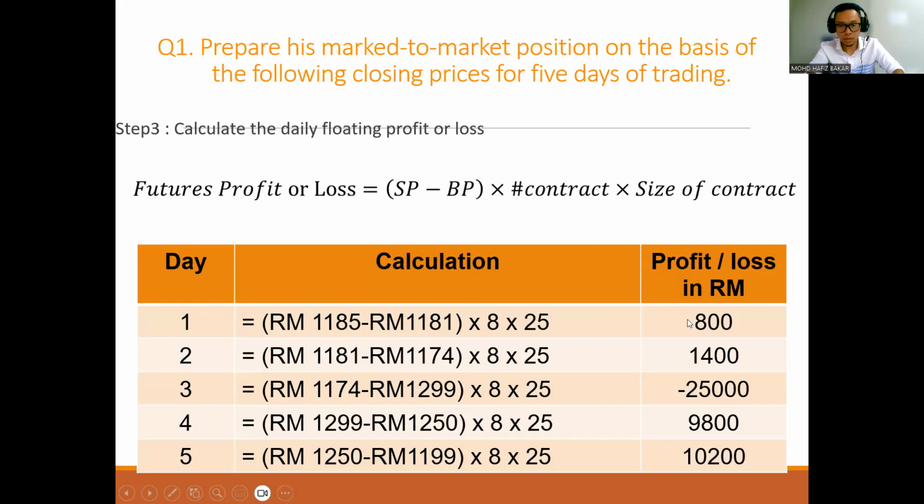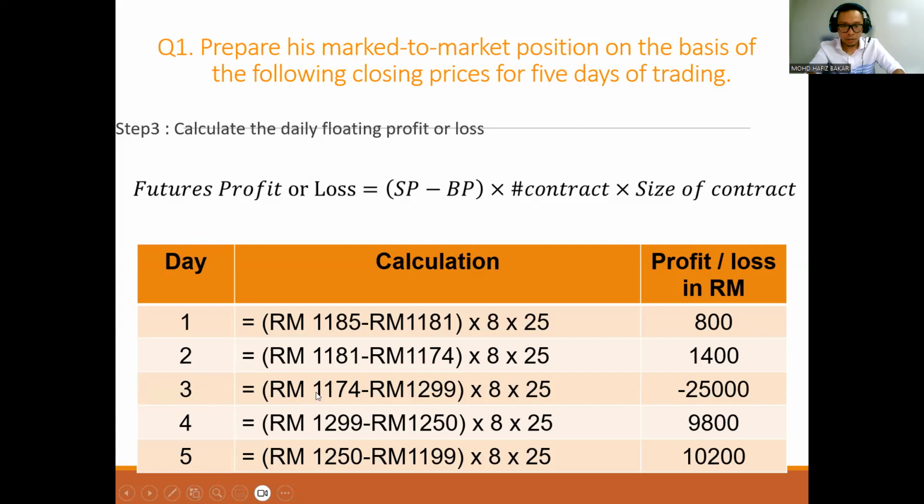So this is a positive figure, so it is a profit. Day 2, the day 1 price minus the day 2 price. 1181 minus 1174 times 8 times 25, 1,400, is positive, which is profit.